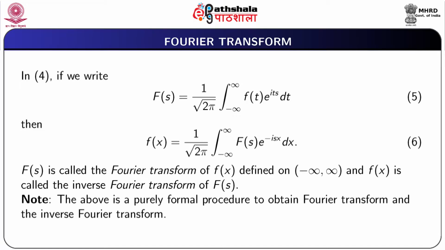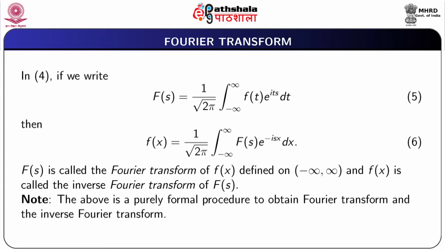So f(x) given by equation 6 gives the inverse Fourier transform of capital F(s). So in 5 we get the Fourier transform of small f(t) as capital F(s), and in 6 we get back the function small f(x) from its inverse transform.